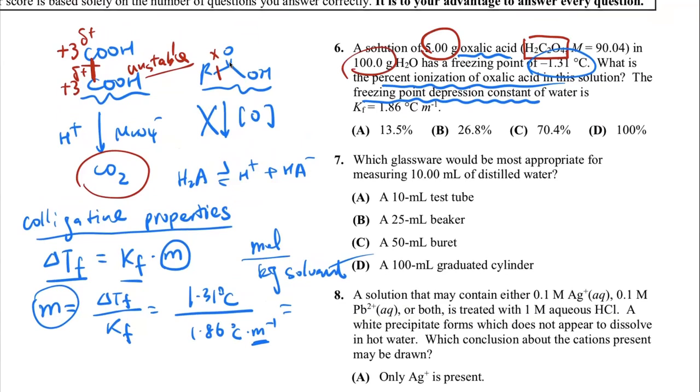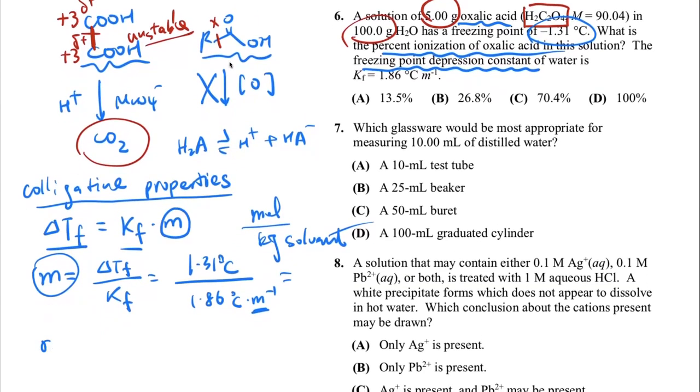So we should be able to get another molality, let's call it m0, which is 5.00 divided by 90.04. This is how many moles of solute, and then divided by 0.100 kilogram, right? This gives you the molality.